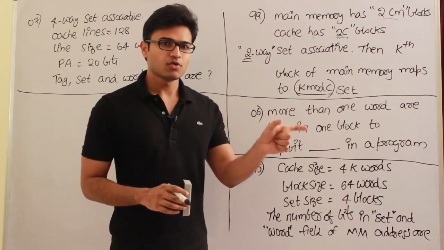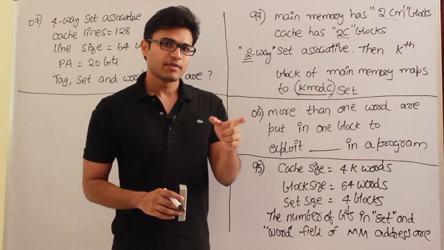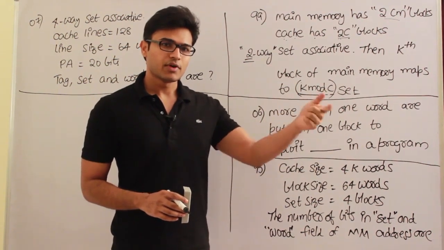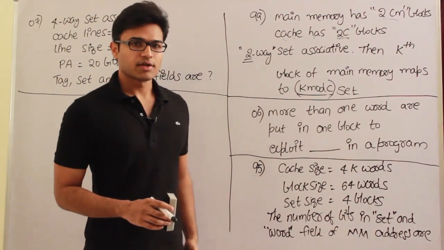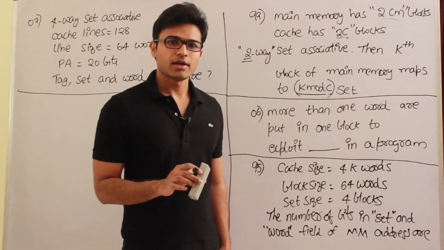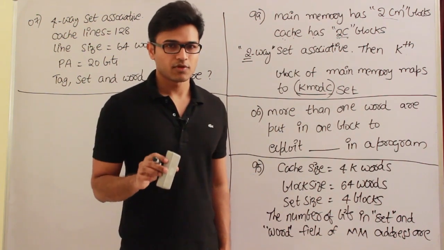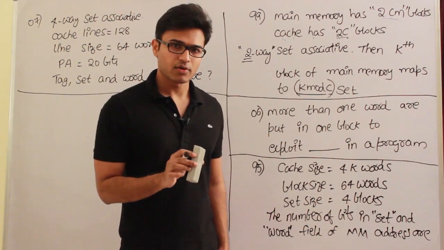When we load a block into the cache, along with that word, the words surrounding it also come into the block, right? So what is the advantage of that? We are going to exploit a property called locality of reference. There are two types: spatial locality and temporal locality.